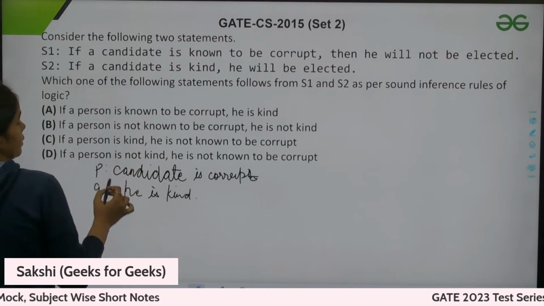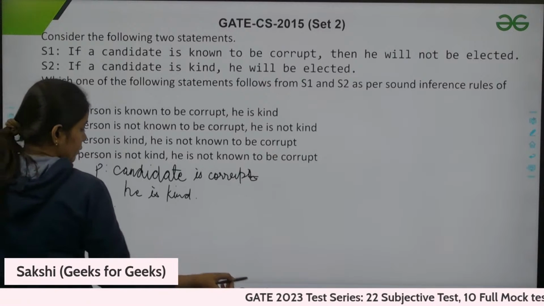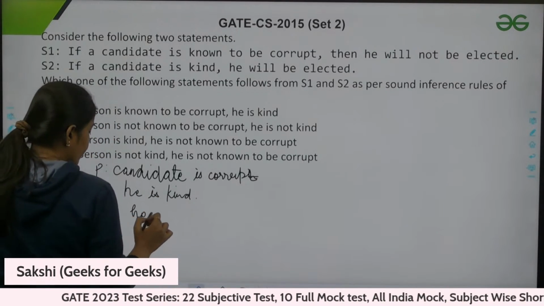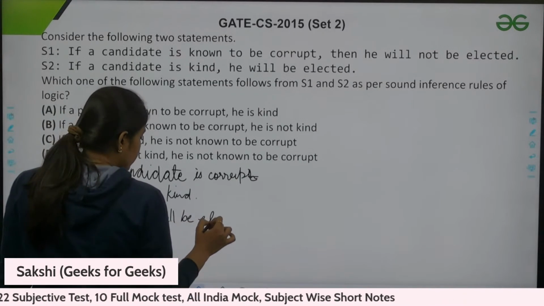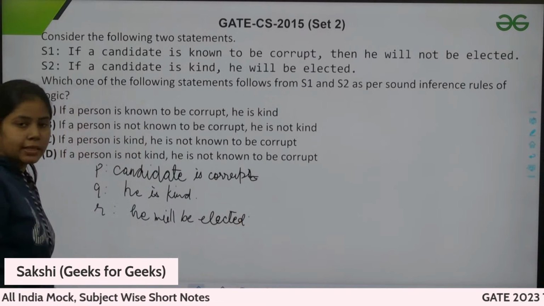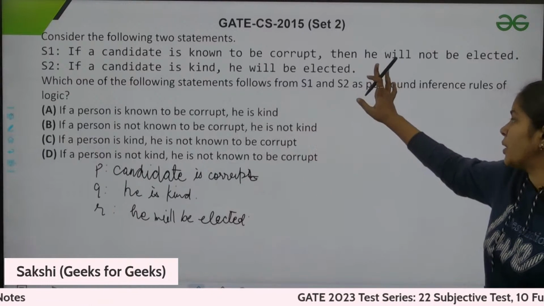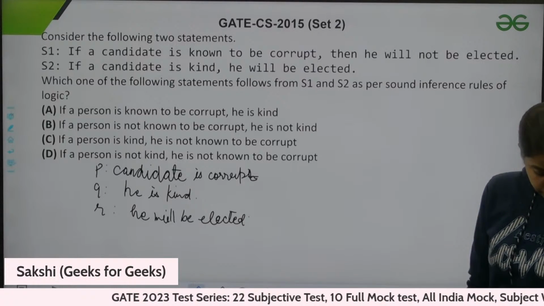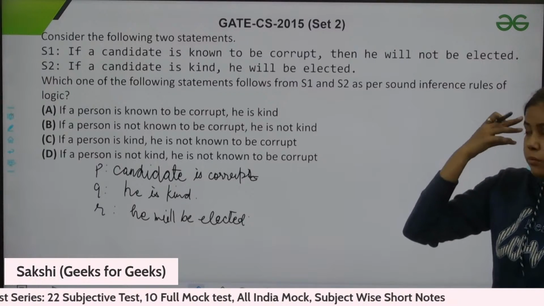Let's take r as he will be elected. He will be elected, right? Now I can translate these English sentences into propositional logic. Can anyone from you tell me how can I write S1 statement? Can you tell me, guys, how can I write S1 and S2 statements?